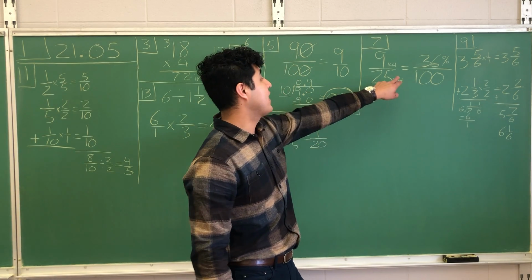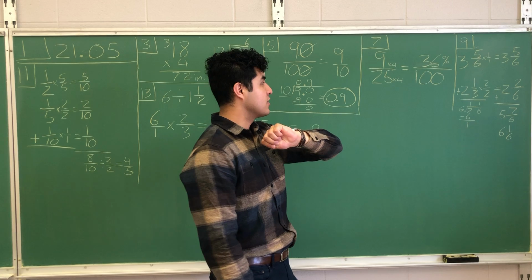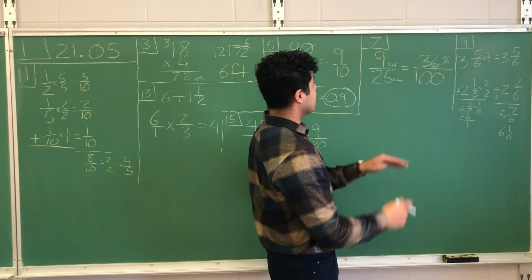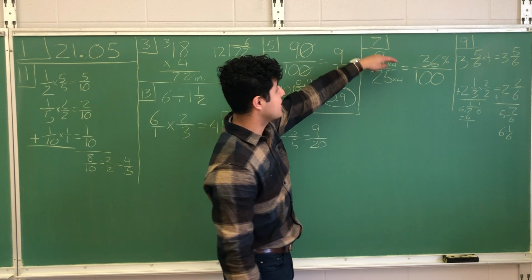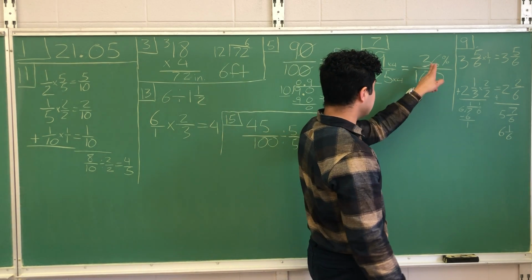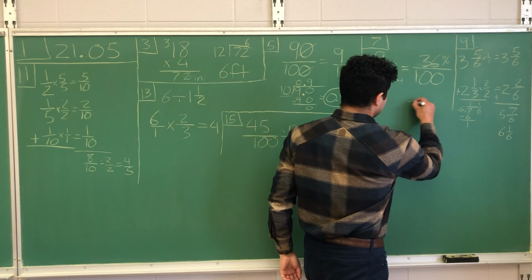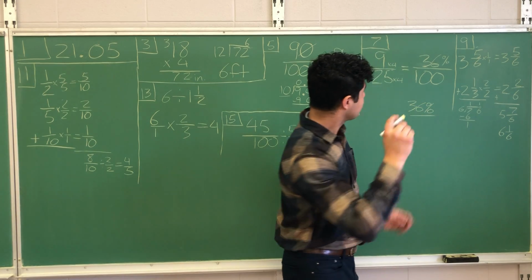In this case, 25 times 4 equals 100. Think 4 quarters equals 100 cents, which equals $1. So whatever I did to my denominator, I will do to my numerator. 9 times 4 is 36. So that gives me the answer. The numerator of this problem will be my final answer, 36%.